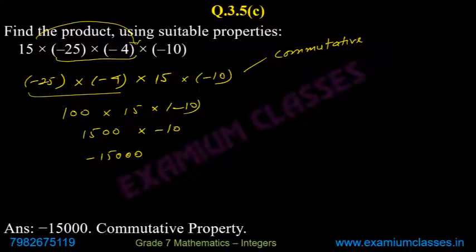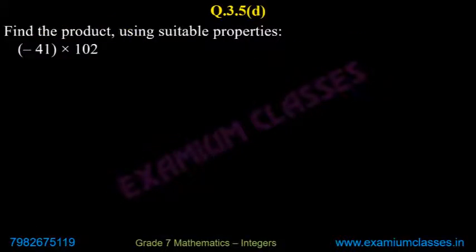Yes, the order does not matter. Samarth, commutative property, correct. Now find the product using suitable property. Tell me the property first, which you will be using here. Who can identify the property here? No, Ashrit, think again. Tina, yes.